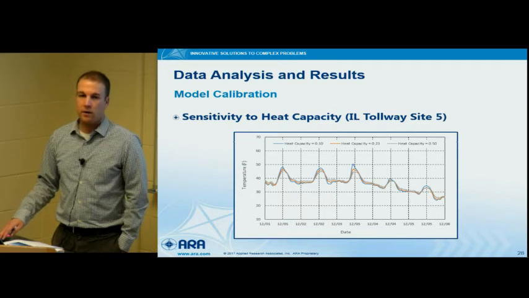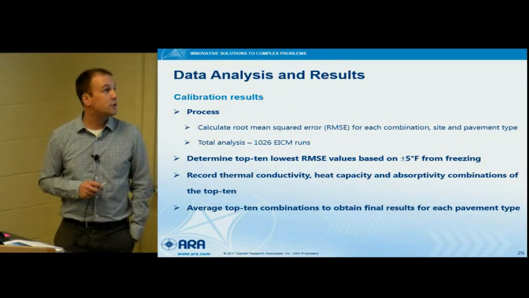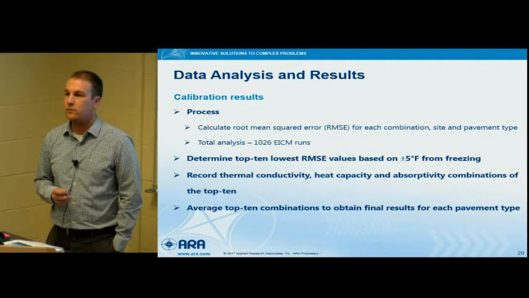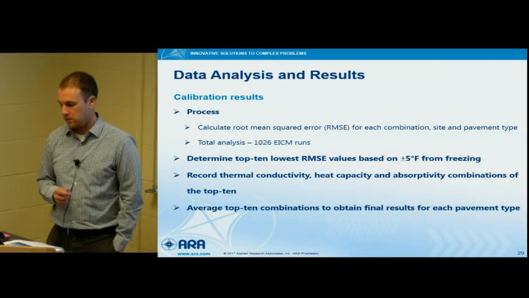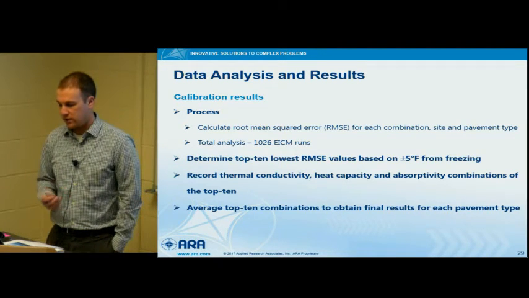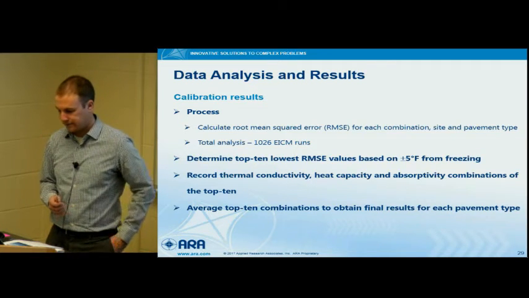So now we ran our different matrices, and the process was to create a file for each one, run it, extract the data, and calculate the root mean squared error for each combination of pavement type. It was about 1,026 different runs.